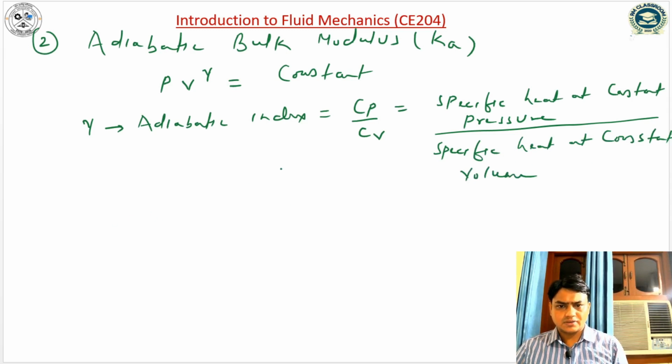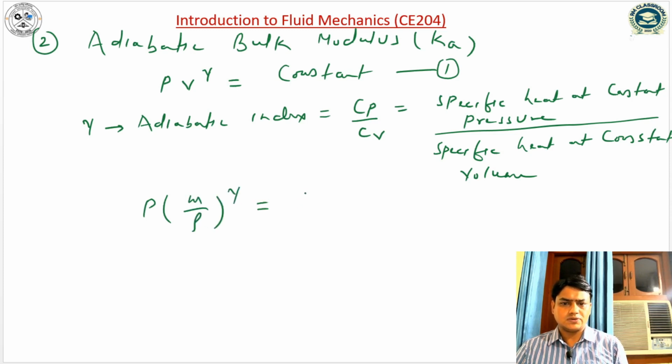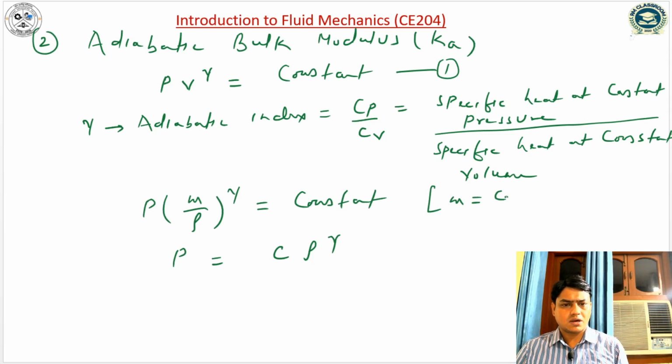So we can write from equation 1, P into m by rho to the power gamma is equal to constant. Mass is constant, so we can write P is equal to C rho to the power gamma, where C is constant, because here M is constant.